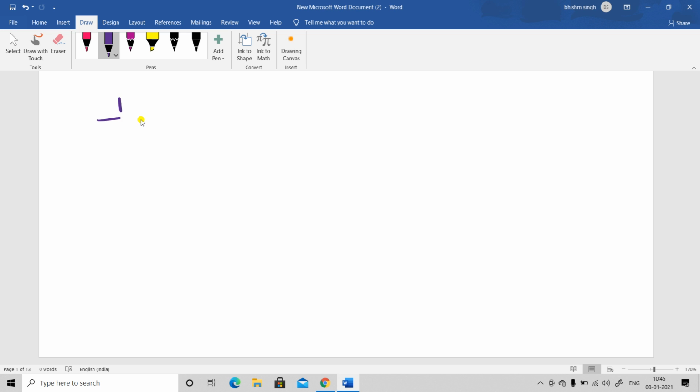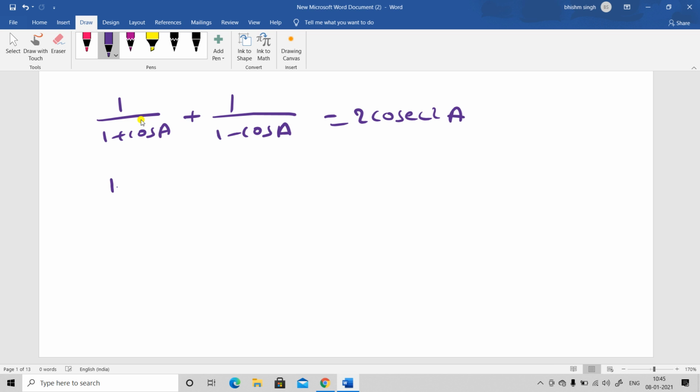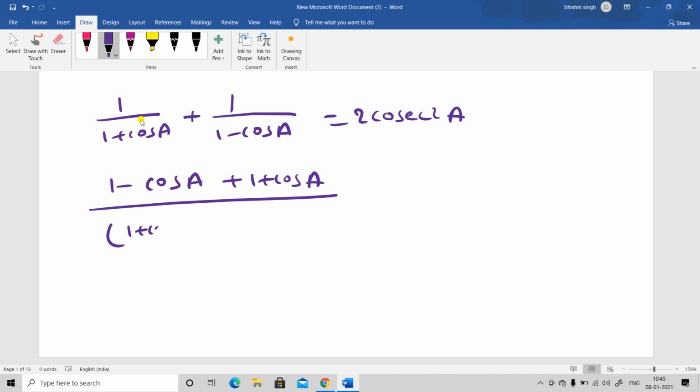1 by 1 plus cos A and 1 by 1 minus cos A equal to 2 cosec square A. Okay, so what I will do here, 1 minus cos A I will write above, and 1 plus cos A, I will take simply LCM, and in the denominator, 1 plus cos A and 1 minus cos A. So I have taken the LHS side here.